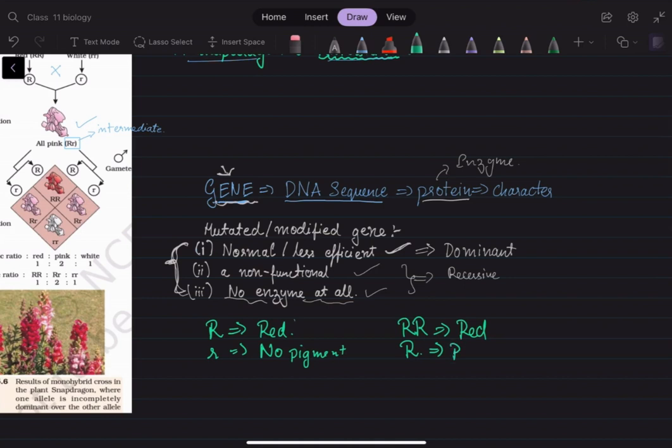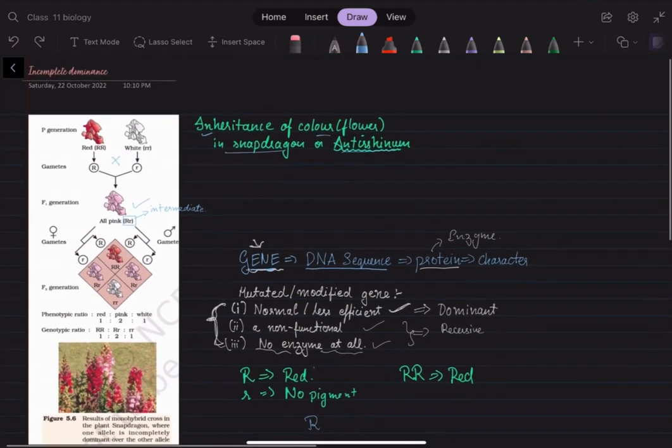It will produce a slight, you can say, pink color, together with the recessive allele. So that is why we call this incomplete dominance. The R allele here, which is usually meant to be dominant, is not showing its dominance completely in front of the recessive one. It's partially showing its dominance, right? That is why we call this incomplete dominance. So this was about incomplete dominance.